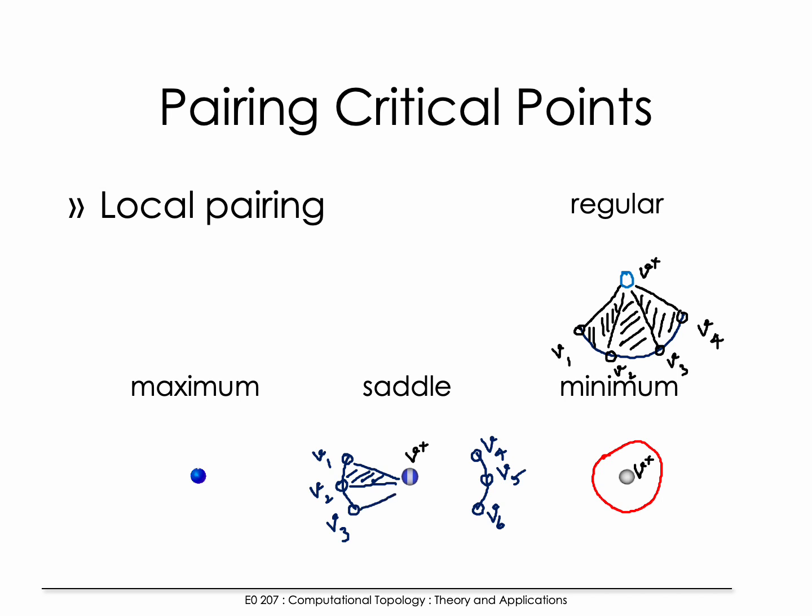And then we insert the edge VV3, which is again a creator, and then you insert the triangle, which is a destroyer, so that is paired, right? Now comes the interesting part.